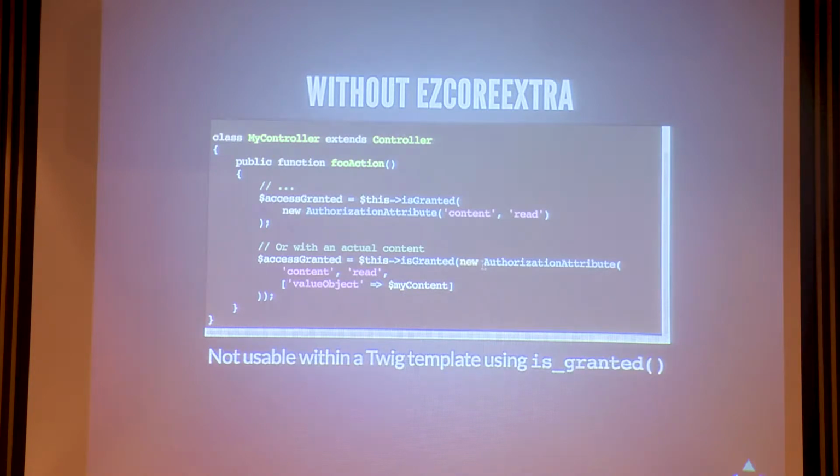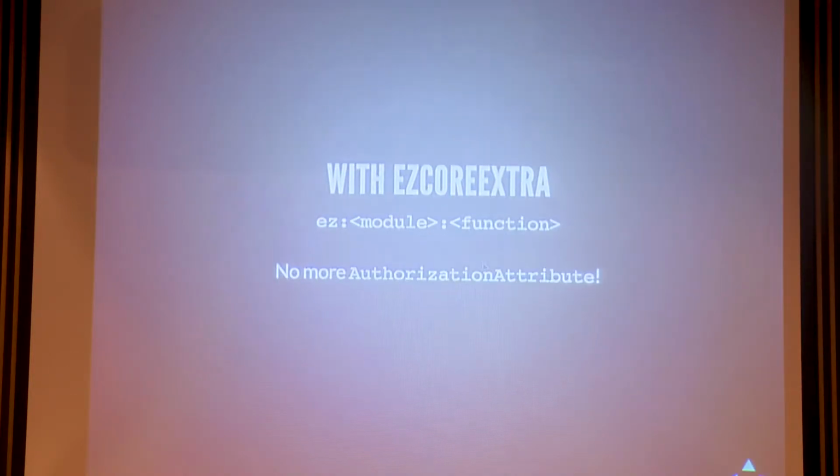The problem here is that you won't be able to use the isGranted twig template function, which can be quite annoying. But with EzCoreExtra, you just have a simplified notation, so no more authorization attribute objects.